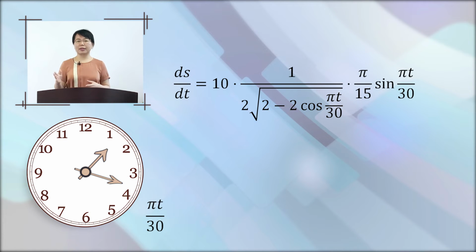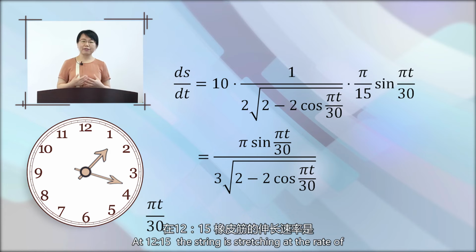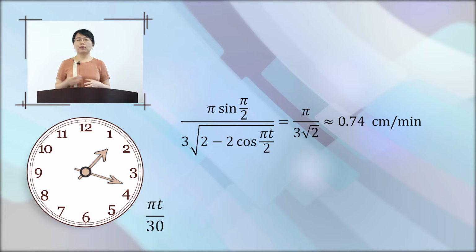Alright, let's work through them step by step. Then we will have the derivative. So we get that at 12:15, the string is stretching at the rate of pi sine of pi over 2 over 3 square root of 2 minus 2 cosine of pi over 2, and is approximately equal to 0.74 centimeter per minute.